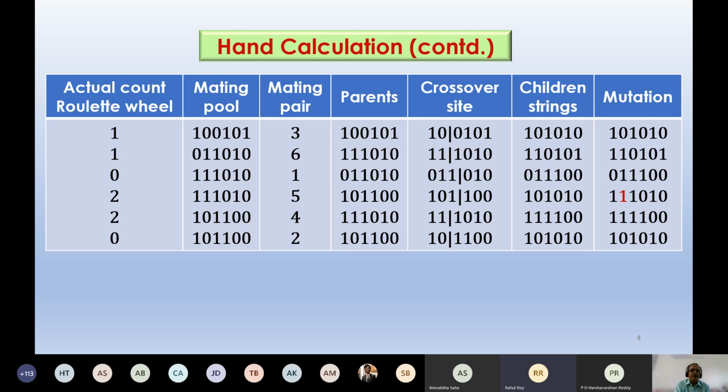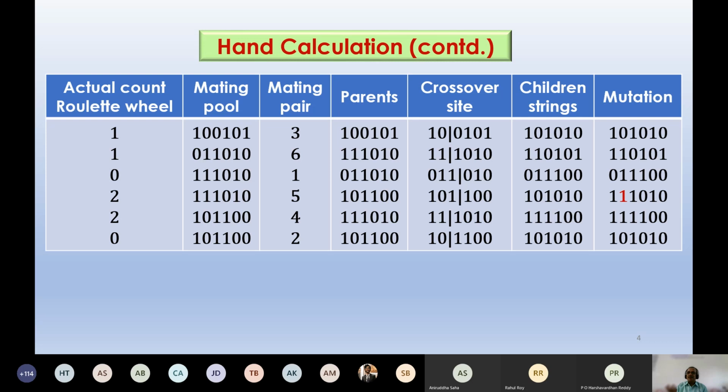Reverse may also happen because, if you remember the roulette wheel selection, here I am using roulette wheel selection. At the top surface, there is a marking according to the fitness. So the area occupied by a particular solution is proportional to its fitness. Now I'm just rotating the roulette wheel either clockwise or anti-clockwise. If I give the spinning, you wait a little bit, and there is a fixed pointer.